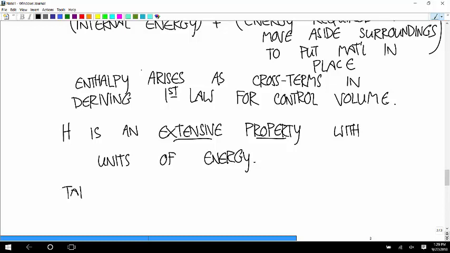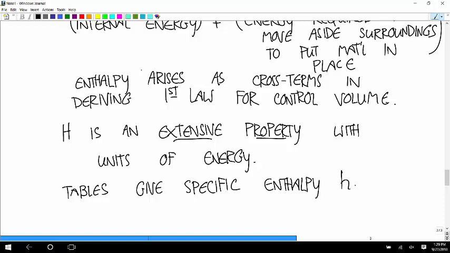And the tables give the specific enthalpy, lowercase h, and that has units of energy per mass. So for example, joules per kilogram.